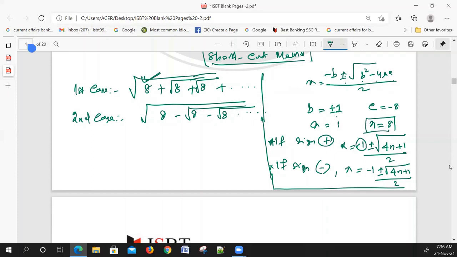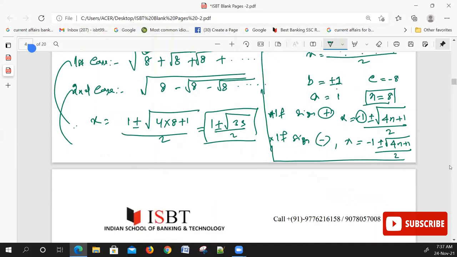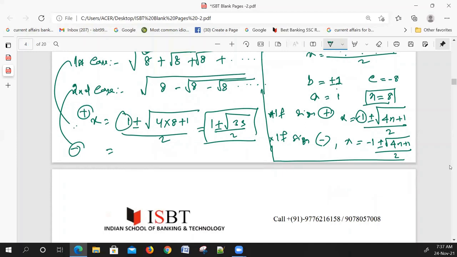So by that formula, if the sign is positive, x is equal to 1 plus or minus root of 4 into 8 plus 1 by 2. Directly, that is 1 plus or minus root 33 by 2. In the second case, the sign is minus, only the value of b changes, that is minus 1, the rest is all the same, 4 into 8 plus 1 by 2.